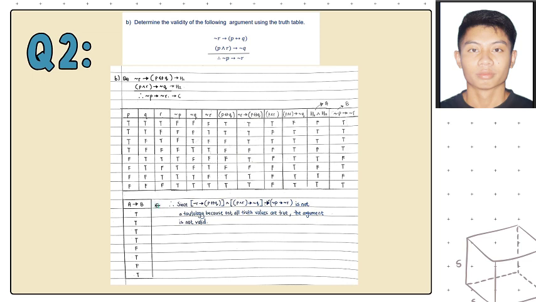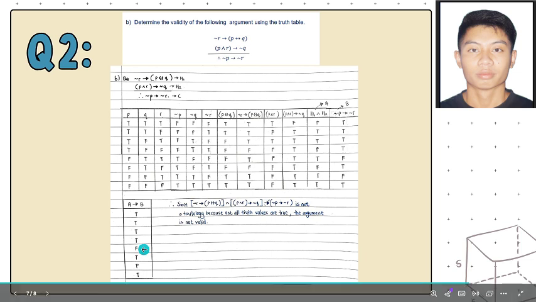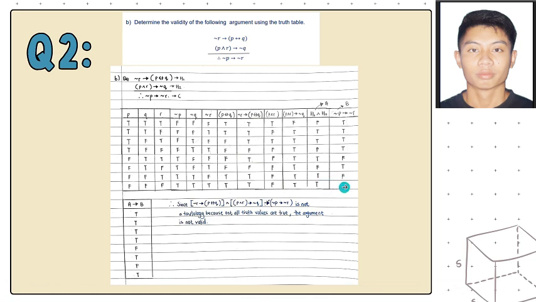So false, true is true, true, true, true, true, true again, true, false, true, true, and then we have true, false. Alright, so true, false is going to result in false, and then false, true, true, true, false again, false, and then true, true, true.